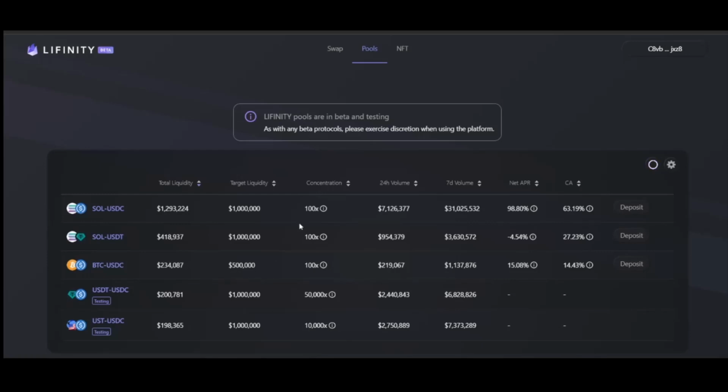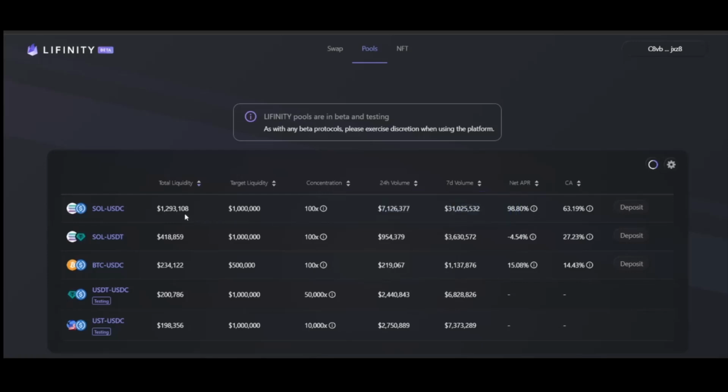All right, moving on, we have the concentration column. So concentration is basically if you want to provide the same amount of liquidity that we do on a standard constant product AMM, it tells you how much more liquidity than we have you would need on that standard constant product AMM.